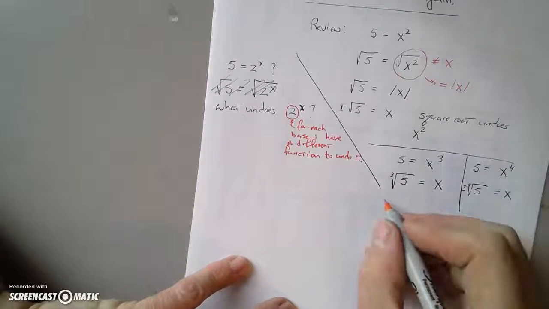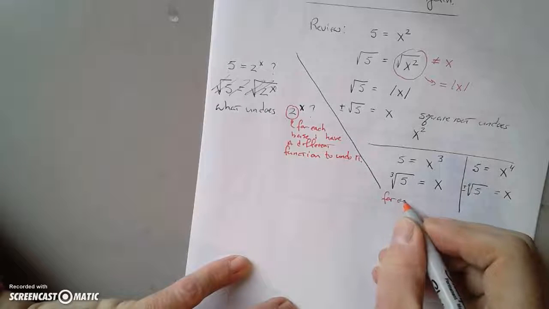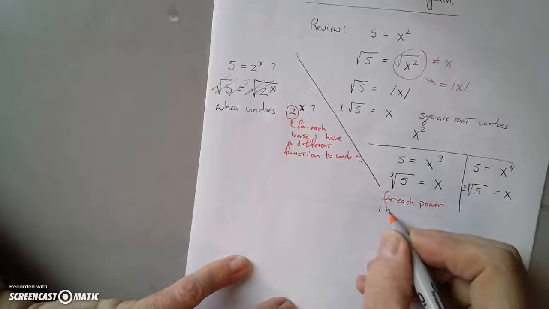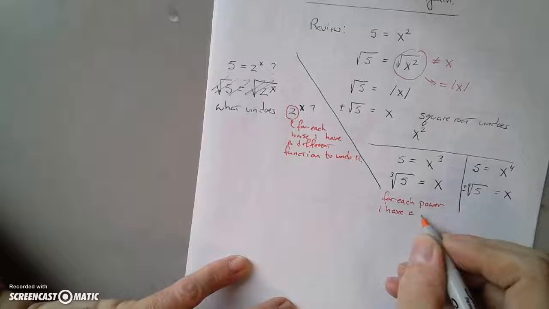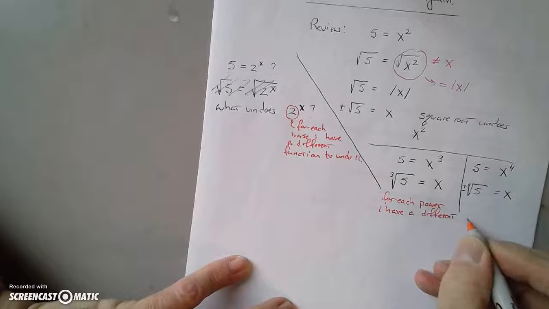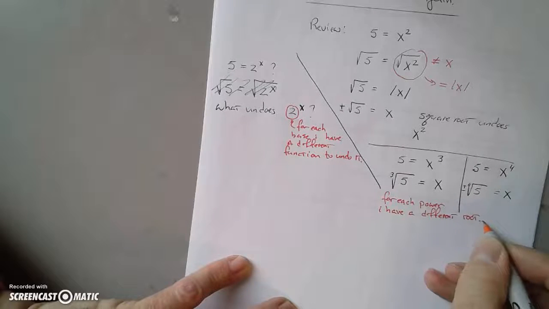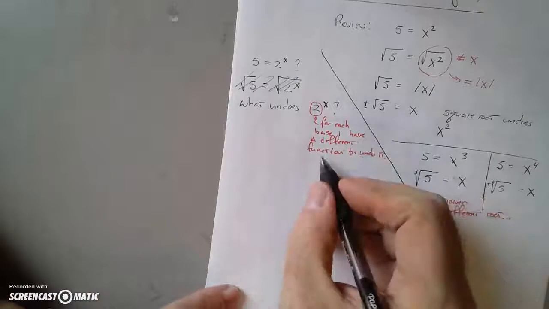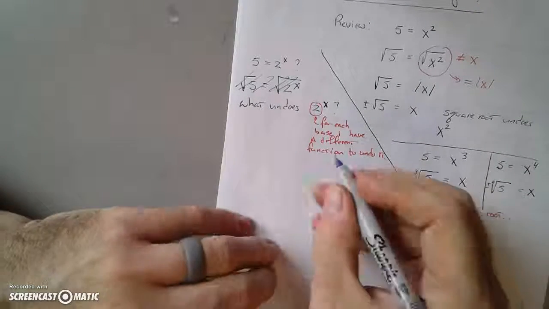And it's just like over here. For each power, I have a different root to take. Square root, cube root, etc. So the function that does this is the logarithm.